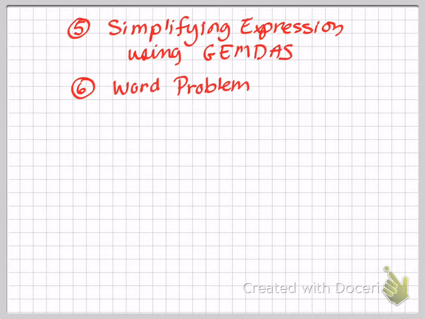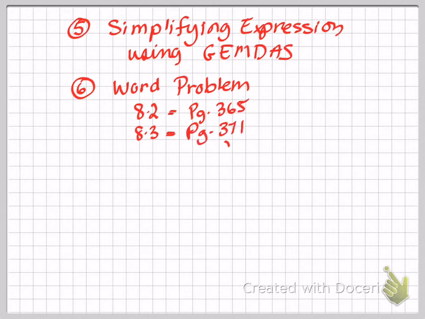Word problems are from 8-2 and 8-3, like page 365 and page 371. I'm just talking about the word problems on those pages, like the sum and difference, where one number is 10 times the other. Translating them, sum and difference. We did that in here.